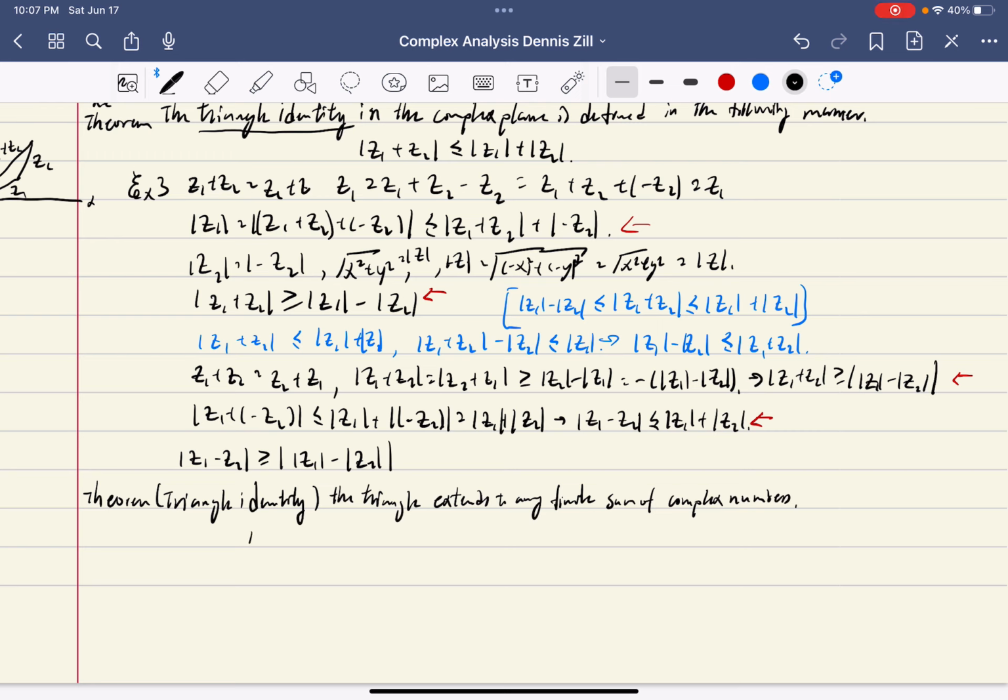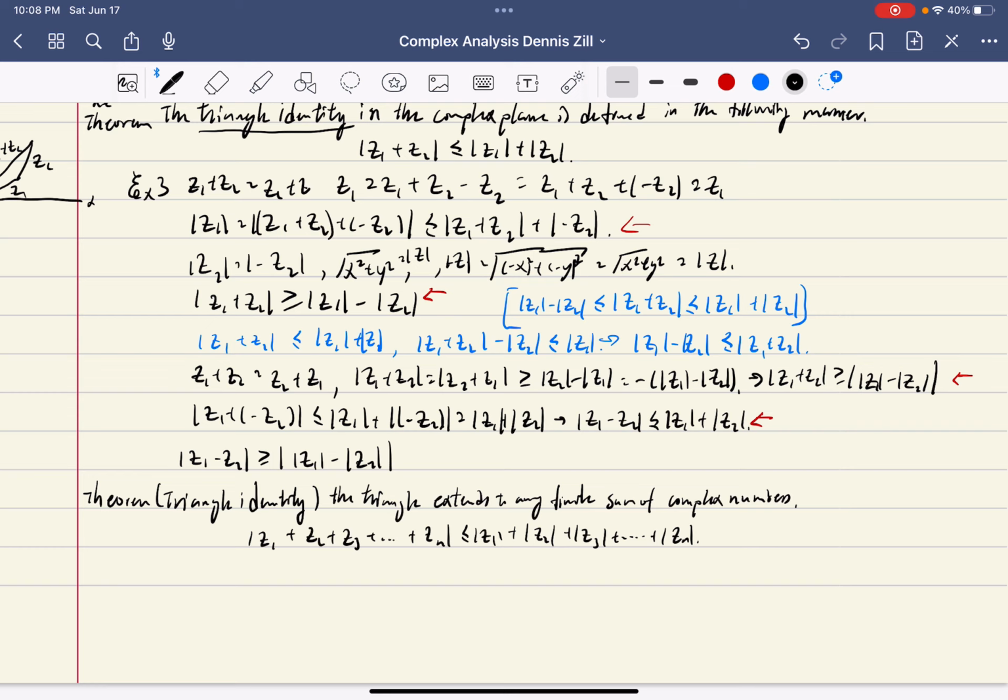Right, that is the modulus of z1 plus z2 plus z3 plus up to zn is less than or equal to the modulus of z1 plus the modulus of z2 plus the modulus of z3 plus up to the modulus of zn. I think this is quite evident from the geometric perspective, really.